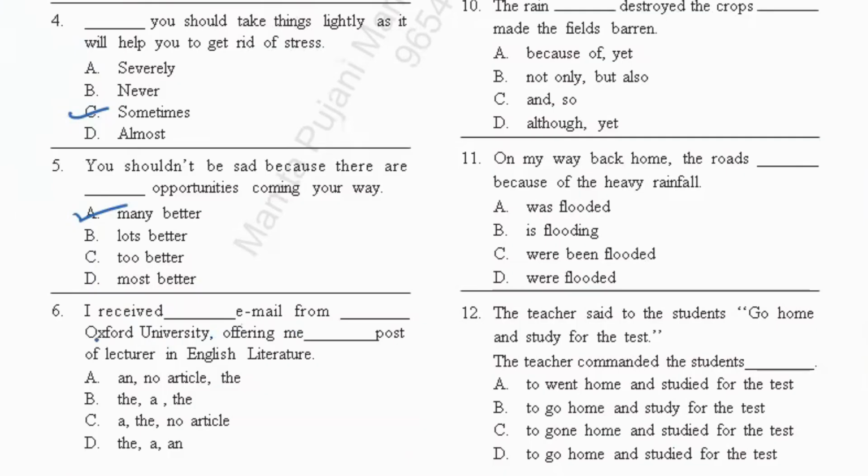When you are using a proper noun for a university, we don't need any article there. So it should be: I received an email from Oxford University offering me what? A particular post of lecturer, right? So it should be offering me the post of lecturer in English literature. So it should be an, no article, and then the. So it's option A.